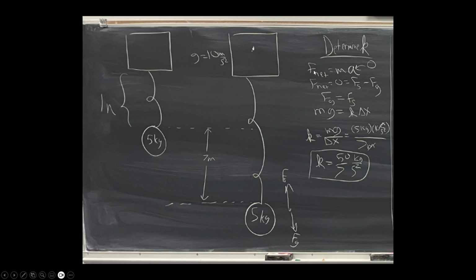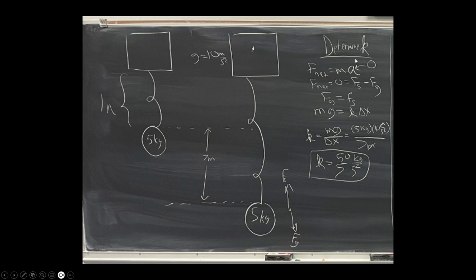Because F net, or the net force along this axis, equals 0, we have the mass times the acceleration, with the acceleration equaling 0 as well.